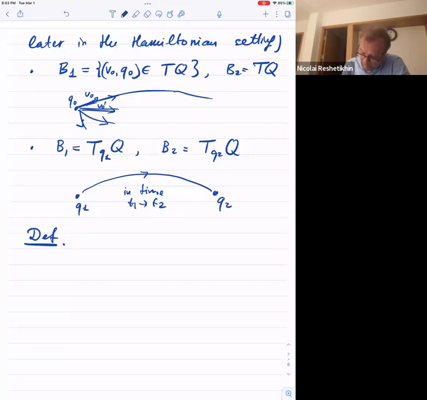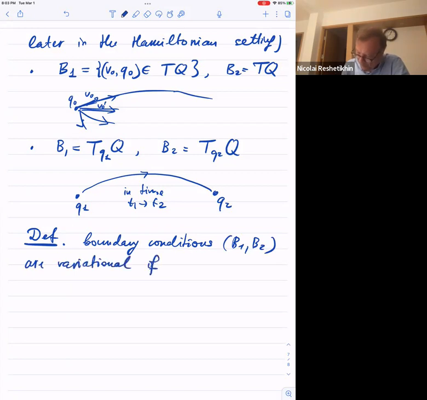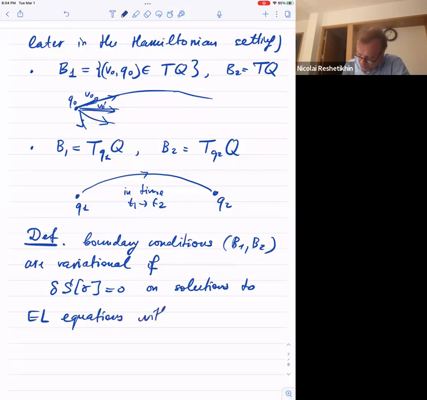Definition: boundary conditions B1, B2 are variational if delta S of gamma is 0 on solutions to the Euler-Lagrange equations with these boundary conditions.